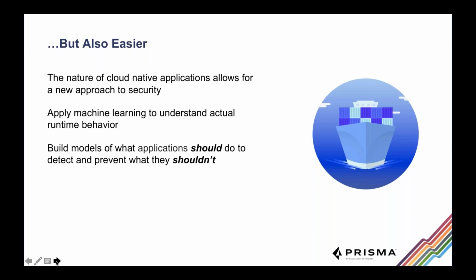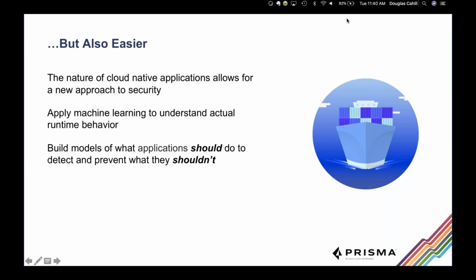And that's such a critical aspect of this because it means that you don't have to keep tracking changes to a long-running instance, but instead for each version of the app, then you have this very trustworthy way to say, I know all the behaviors that this version of this app should be doing, and then I can look for and prevent things that are anomalous that are outside that model.